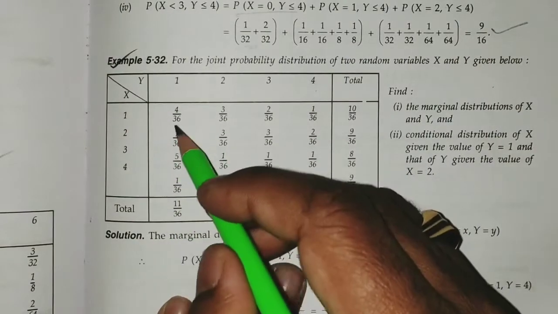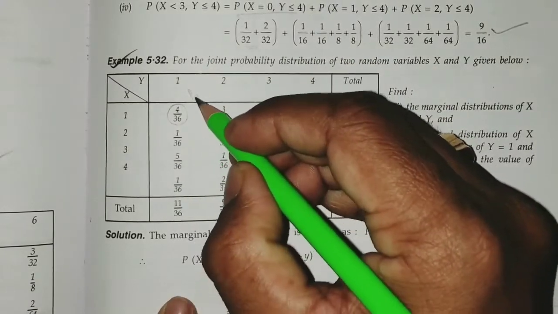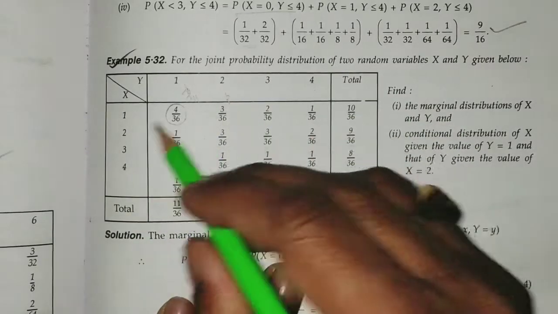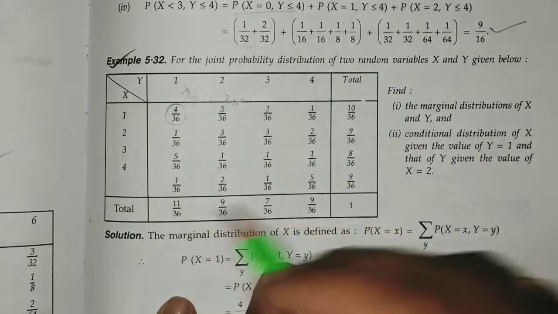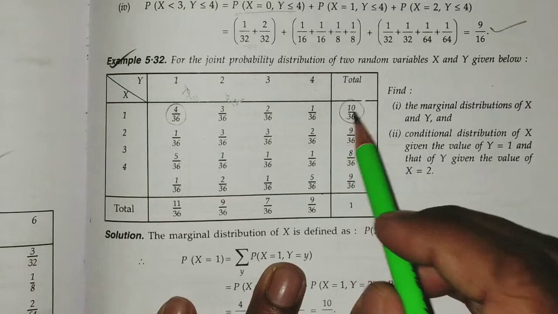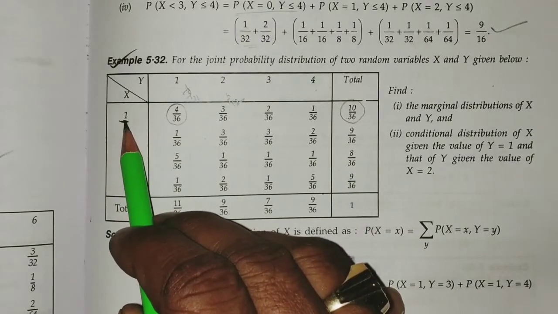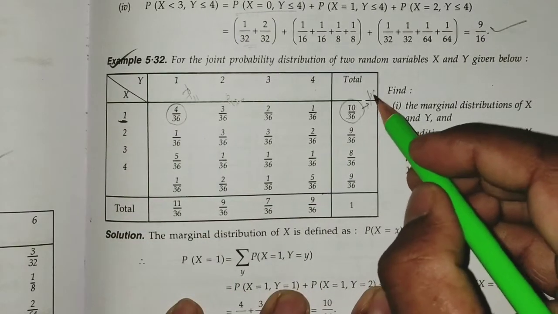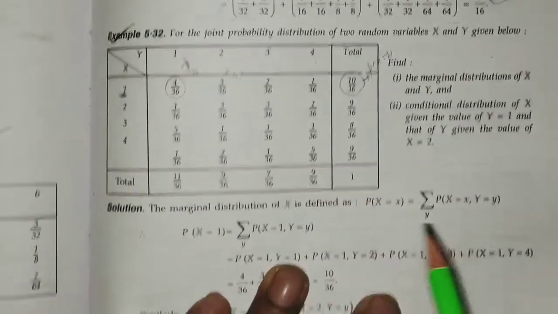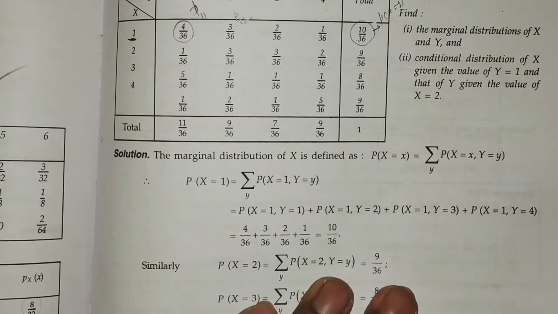So this probability represents p11, small p11. This belongs to x is 1, and this is your marginal distribution of x equal to 1. So this is nothing but p of x equal to 1, where y varies from 1 2 3 4. So these things we already discussed.